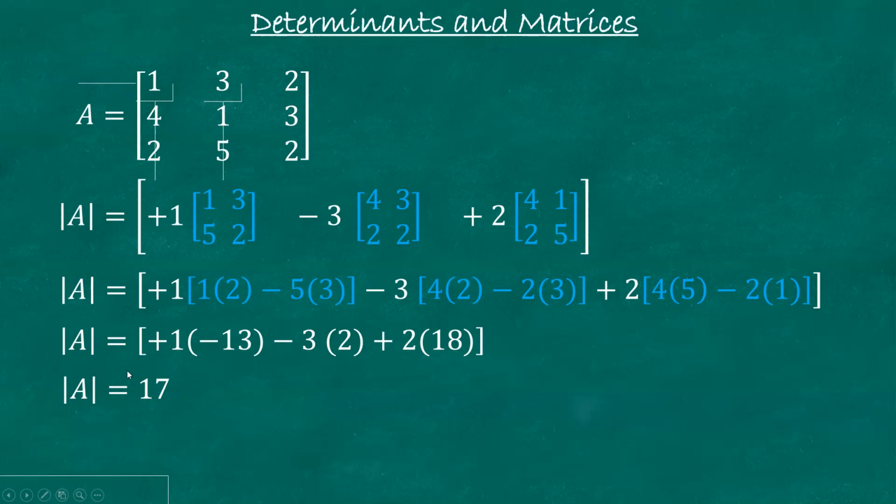Of course, pwede ang calculator. Now, ang advantage niini kung naay calculator is this. Pwede nimo i-input. Kung naa kay 4x4 na matrix, sa pag-determinant, pwede ka mogamit sa expansion of minors.